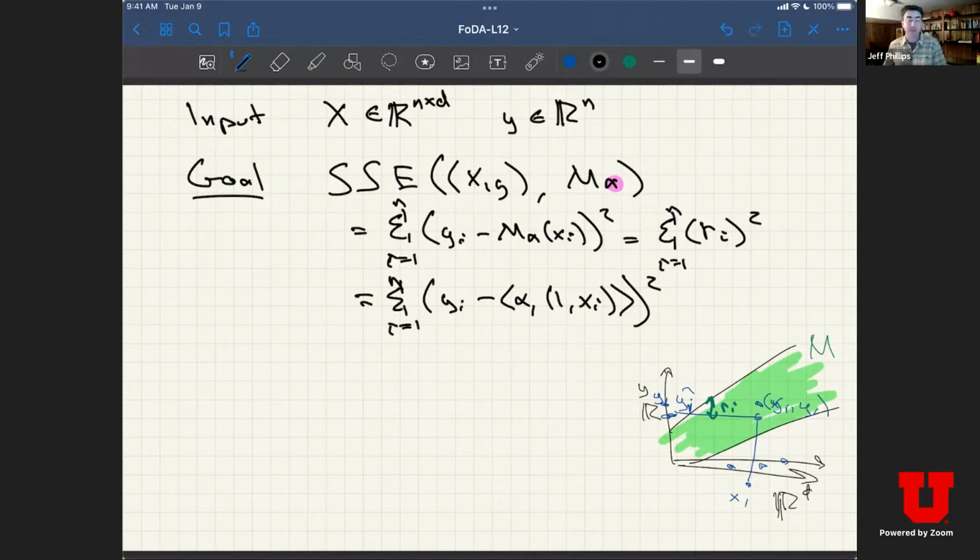All right, so I want to minimize the sum of squared errors the same way I was doing before.